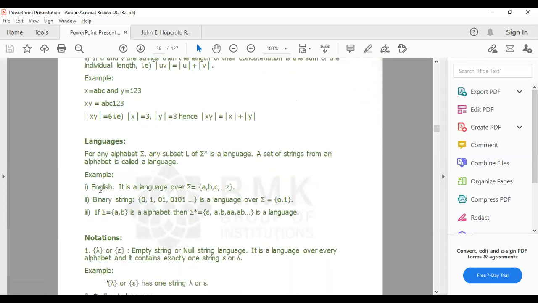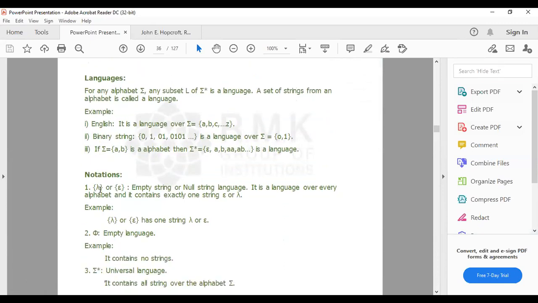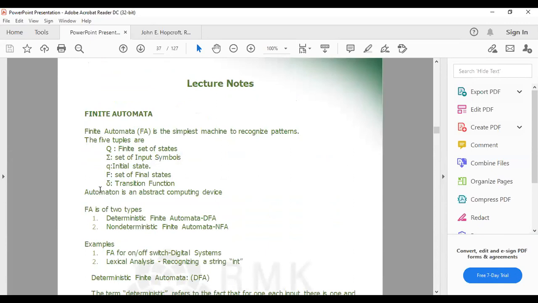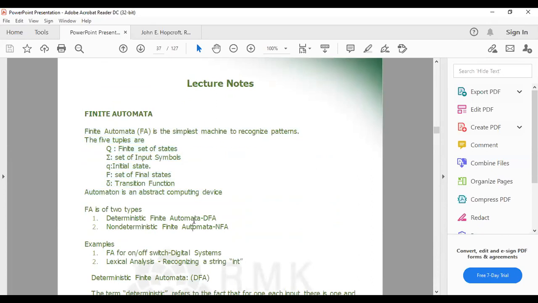And some of the notations, empty string or null string denoted by this one. And finite automata, this is the definition for finite automata. We have two types, DFA and NFA. If they are asking for 2 marks, define finite automata, you have to give the definition, and with an example is very, very important.